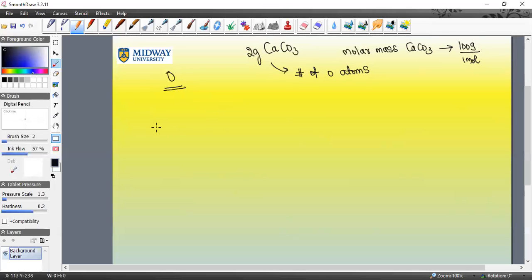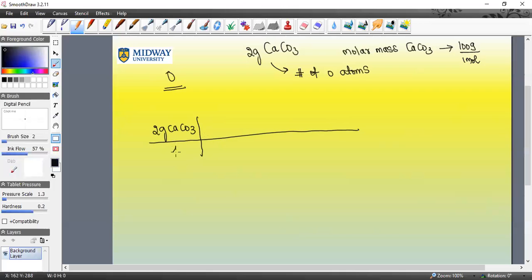So as I always said, you start with the given information. If you see, I'm being systematic, maybe not with the colors I use, but with the content, the way it's presented, right? You always start with the given information. And you see, I don't just write 2. I see students writing 2. Do they write g? Do they write CaCO3? Oftentimes they just write 2. What does the 2 mean? It means nothing, right?